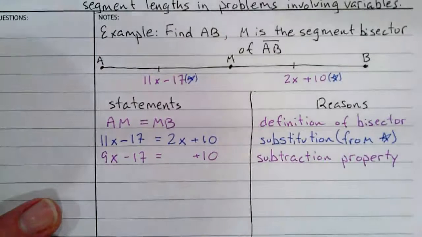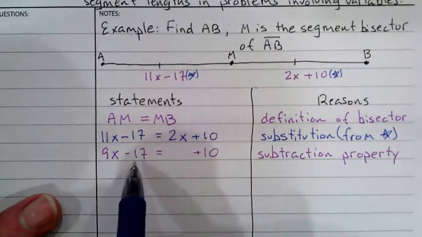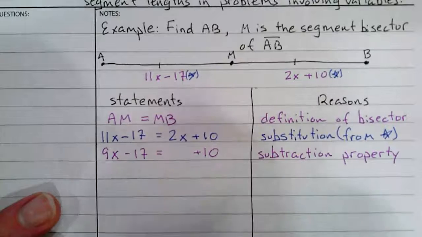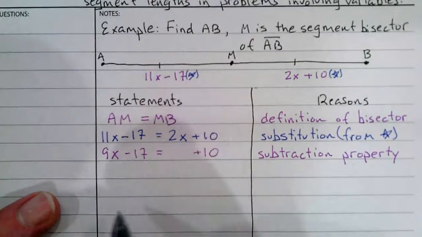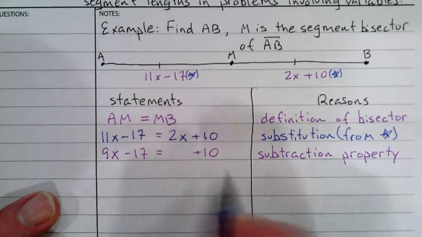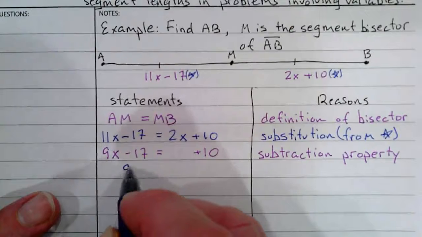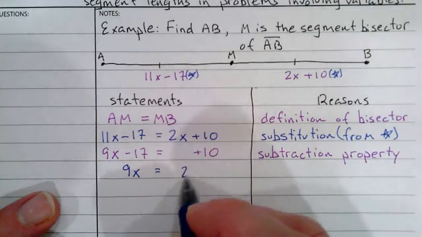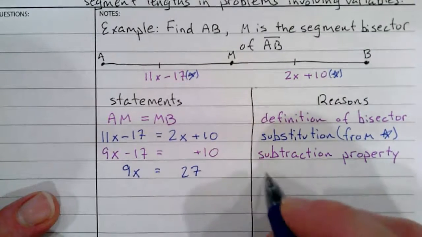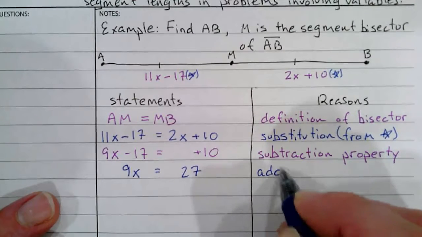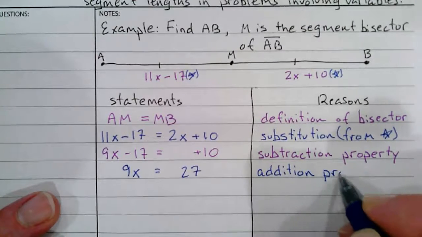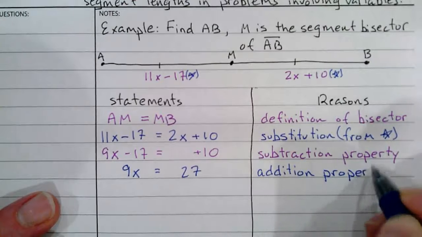Next, we don't want to have any constants over here, because we want all the constants on the other side. So we're going to take this negative 17 away by adding 17 to both sides. That leaves the 9x over here, and 10 plus 17 is 27. Here we use the addition property of equality, but we're getting lazy here.